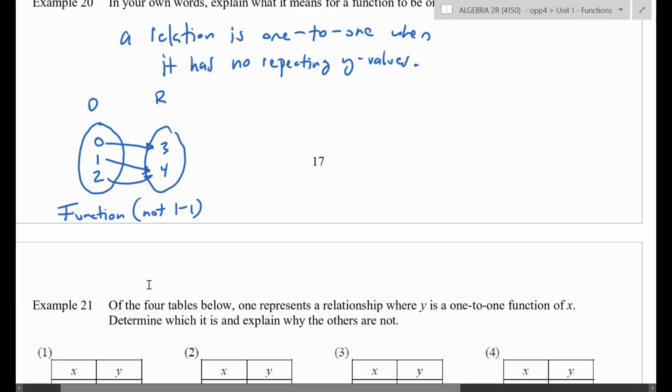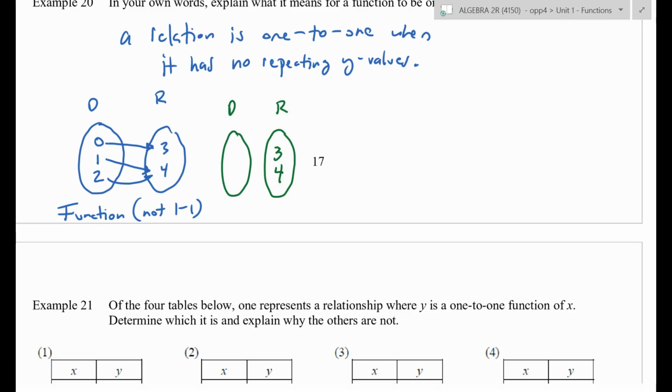All right, now I'm going to give you another picture. Let's do this one in green. Domain, range. 3, 4, 5. You know what the questions are going to be.